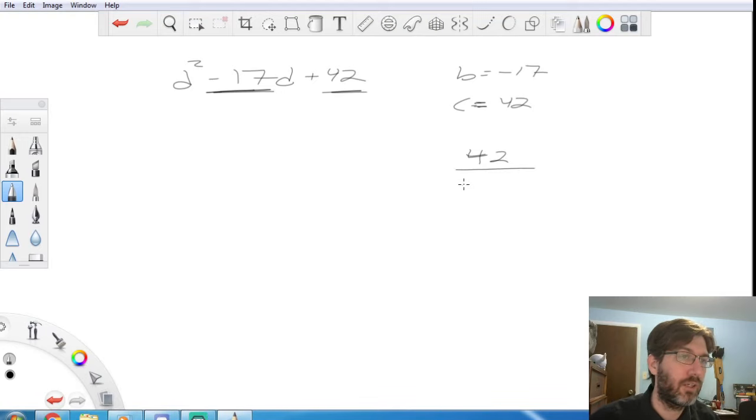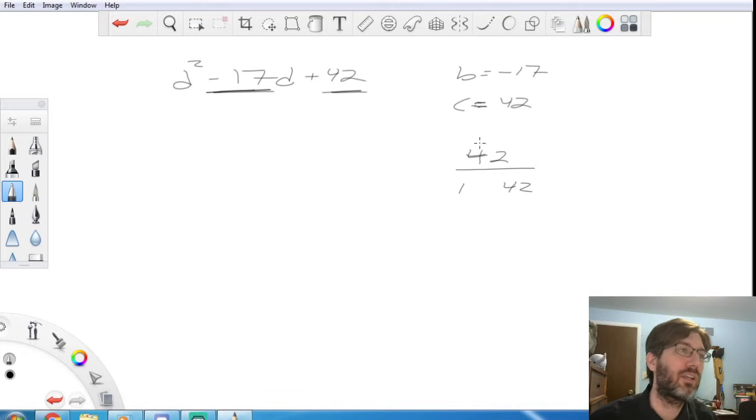So first off, I got 1 and 42. However, these are not appropriate factors for this because no matter what I do to 1 and 42, they are both positive numbers. They're not going to get me a negative 17. And if you sit there and think about it, if you only list positive factors here, you're only ever going to get positive sums.